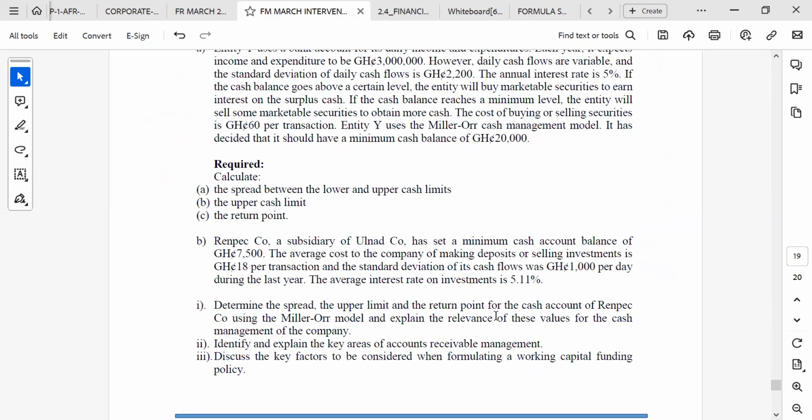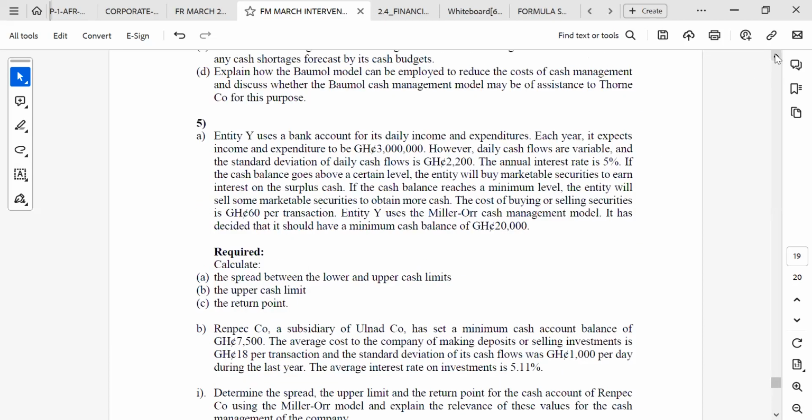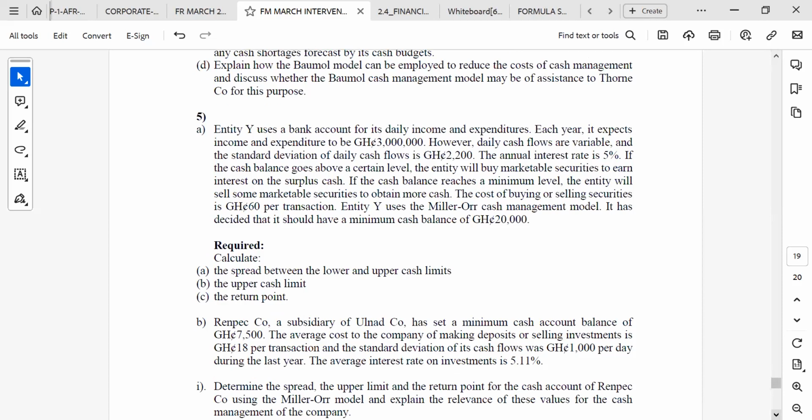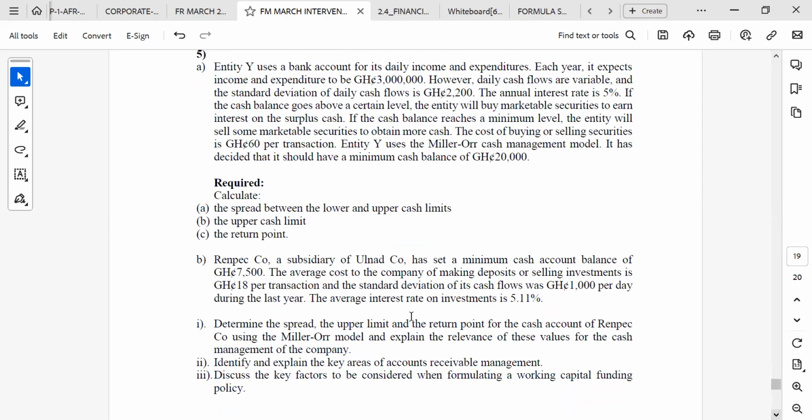We are all going to be using them. So let's look at the 5A. Then we know that we are okay because these ones are the same thing over here. They are all about the Miller-Orr. So let's take the 5A. Auntie Agnes, take that one for us. So the return, the upper limit, the return point of the cash.